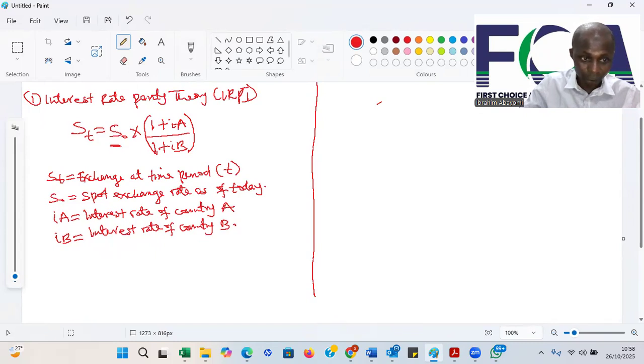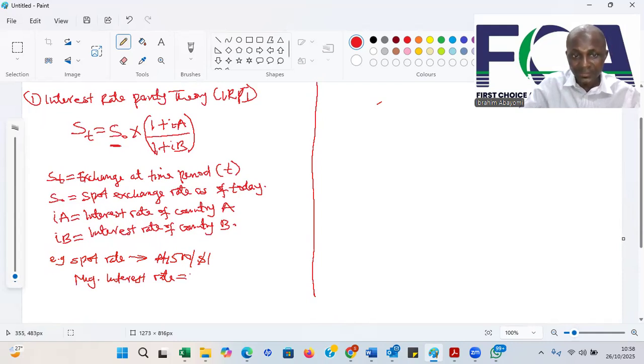For instance, if you have spot rates, and the spot rate is 1,500 a dollar, and the Nigerian interest rate is 10%, while the US interest rate is, let's say, 15%.